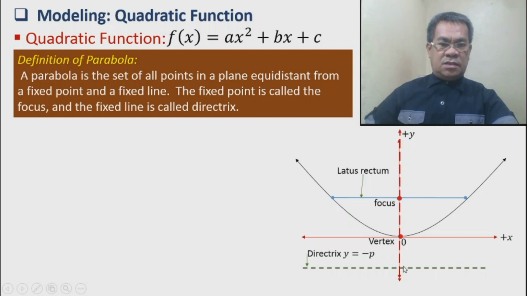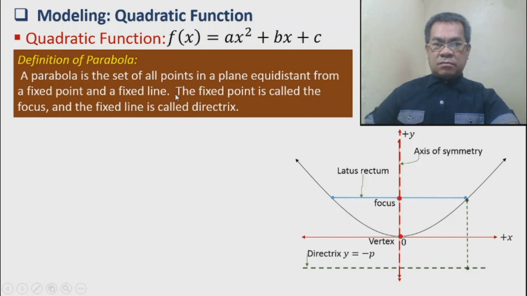The line that connects the vertex towards the focus is called the axis of symmetry. Therefore, we have points of symmetry. The points in the curve are symmetric to the opposite side of the graph.